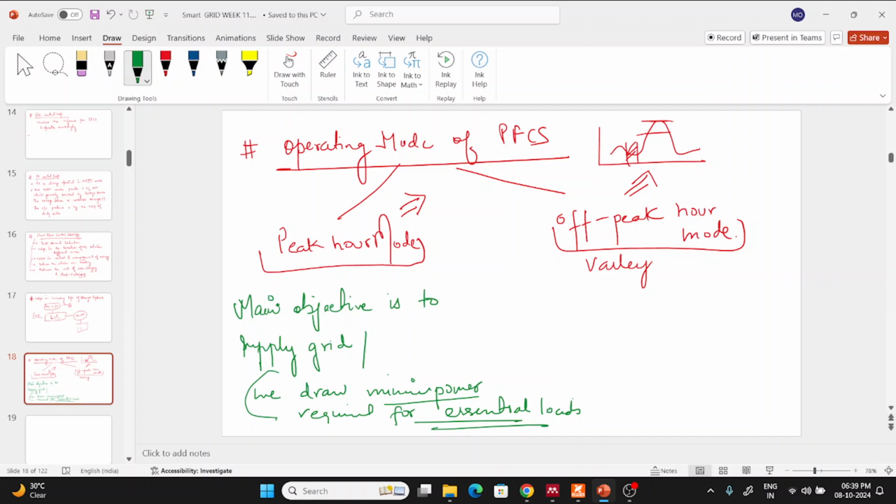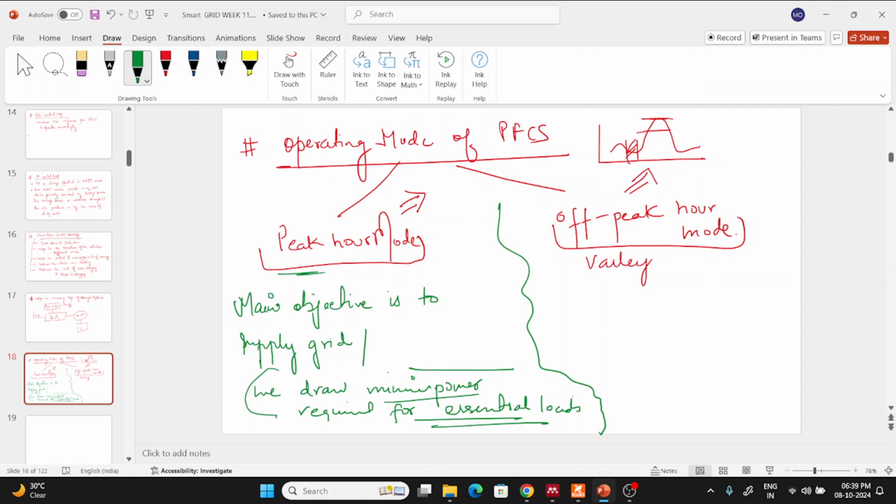That there are two types of load. Essential load, the supply to which should not be removed unless and until there is some emergency. Otherwise, non-essential loads, we can remove the supply. So when the peak hour mode occurs, we should draw the minimum power, or either we supply to the grid. Okay.